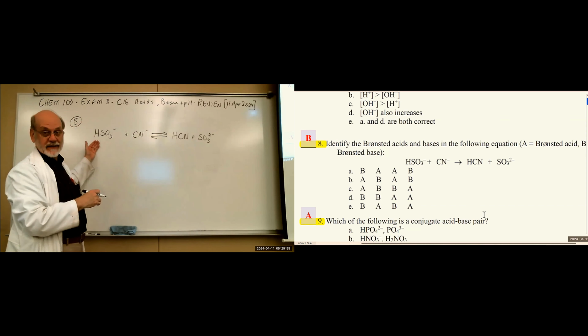Which of the following is a conjugate acid-base pair? All right. Remember the conditions for a conjugate acid-base pair. First of all, the core of the molecule, not including the hydrogens that can ionize, must be the same on both sides.